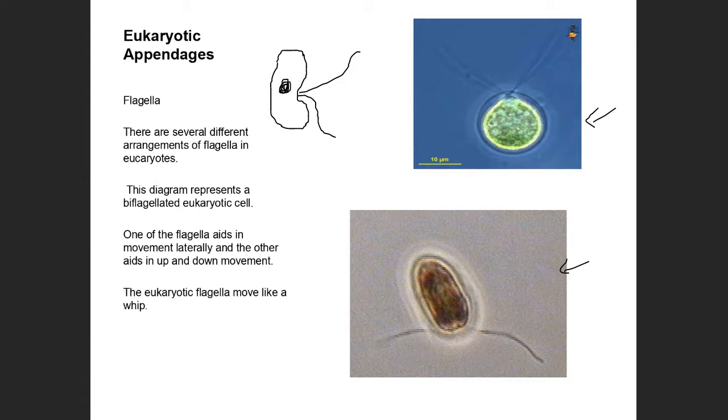And somebody remind me, the flagella of prokaryotes move how? How do they actuate? Like a propeller, like on a plane. Like a propeller. So they act like a propeller, right? With the eukaryotes, there's an extension and a contraction, right? And so they're much more elegant, right? And so this same theme is in a lot of eukaryotic cells.